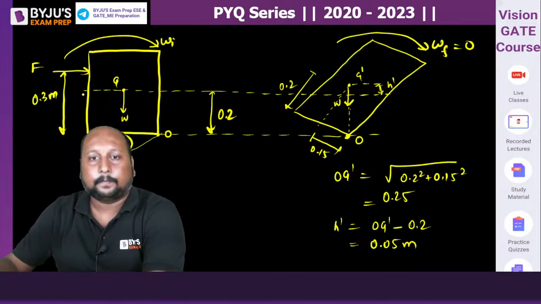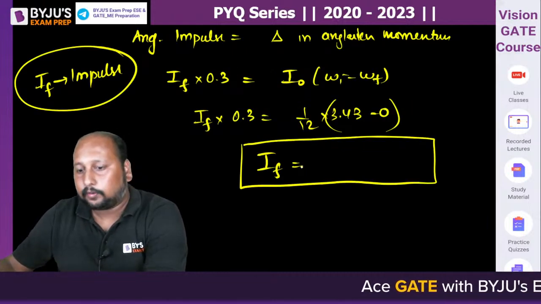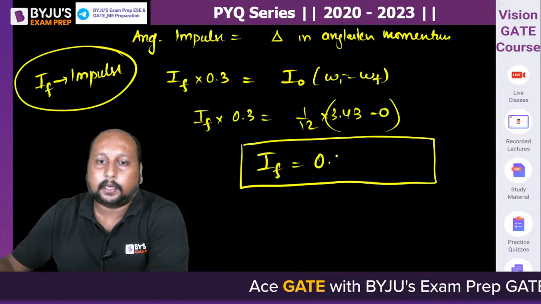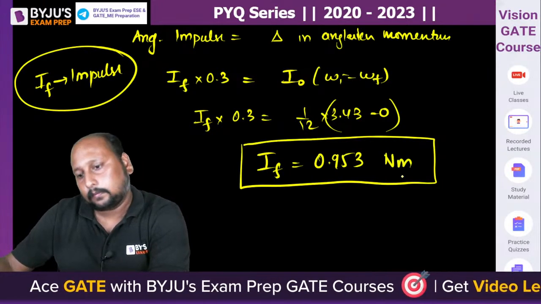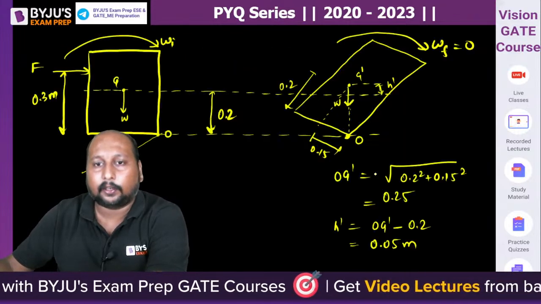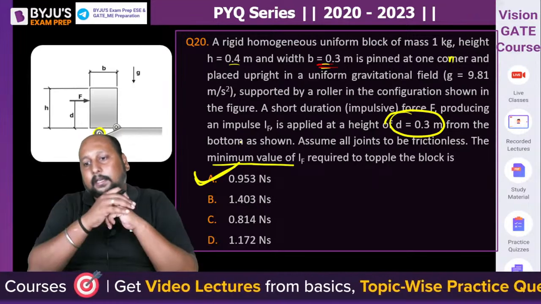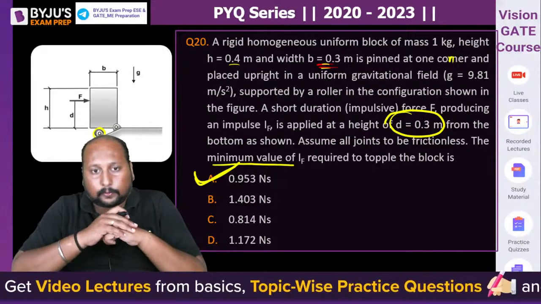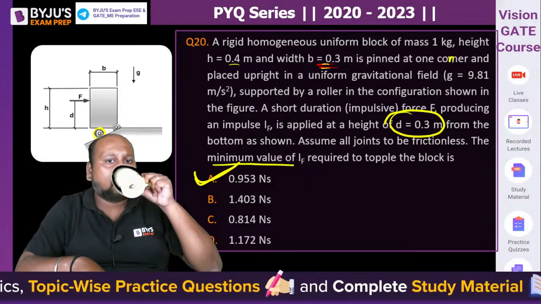Okay, now clear, right? So 0.953, okay, 0.953 Newton meter, है ना. Impulse will be equal to 0.953 Newton meter. I think anyhow option A is the correct answer. Clear, Sai? Very good. 0.953 Newton meter. Okay.